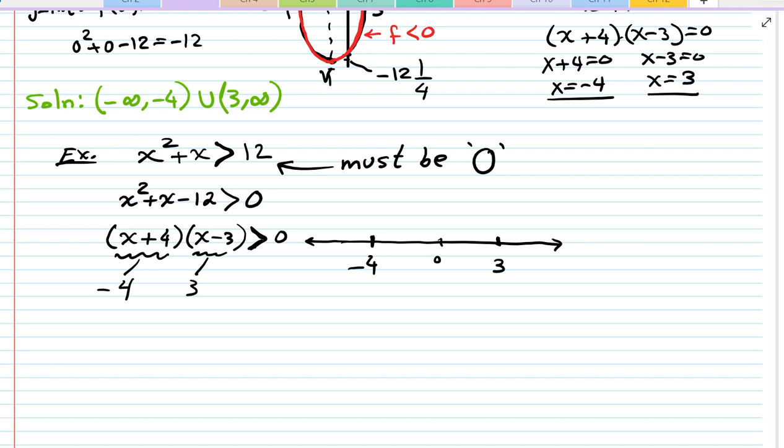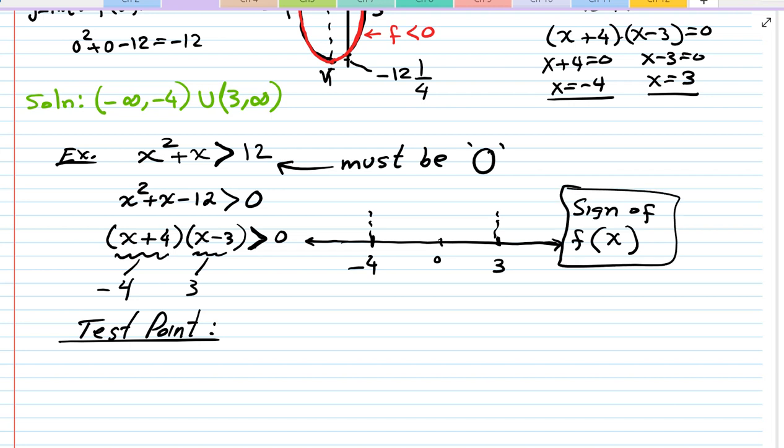Now once we've found these numbers, next I need to choose a test point. The test point is any point of your choice for the test value. The horizontal number line represents x values, I know, but we're looking at the sign of f of x.